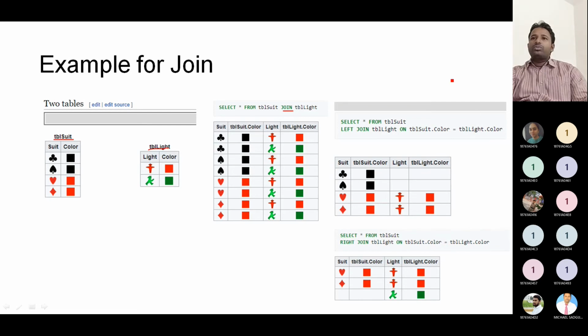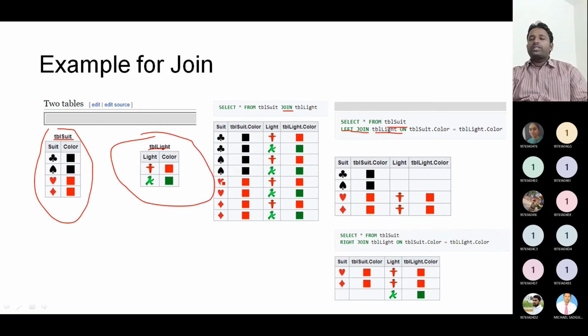Let us go through this left join first. Left join means here there are two tables. Table suit is joined with table light. This is table suit and this is table light.